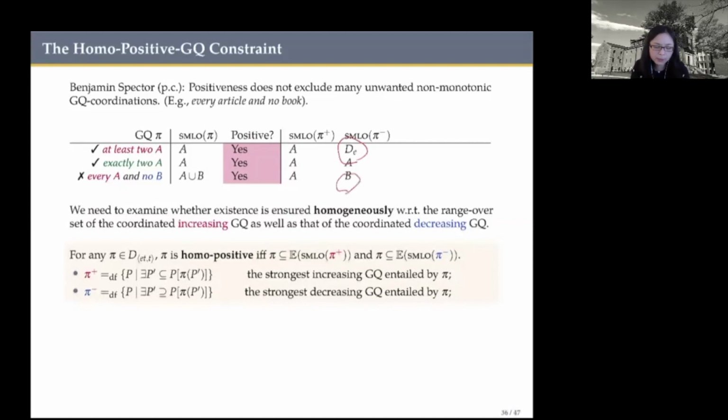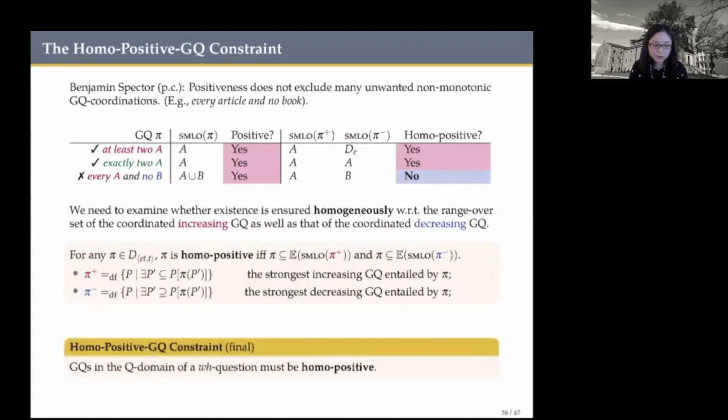While for the complex GQ coordination every A and no B, the smallest event set of pi minus is the set that no B ranges over, which is B, and every A and no B does not entail the existence of B. So given this contrast, we can conclude that the first two generalized quantifiers are homogeneously positive, and the last one is not. So that captures the contrast nicely.